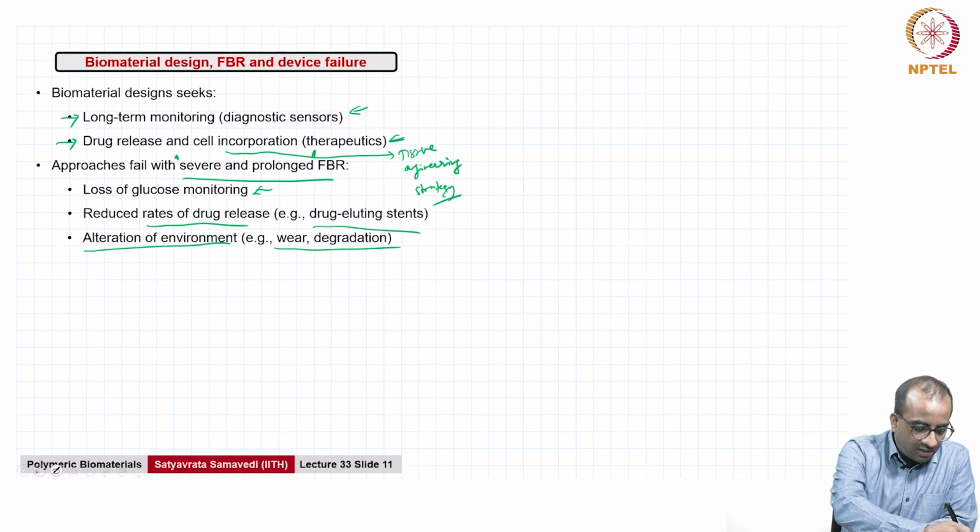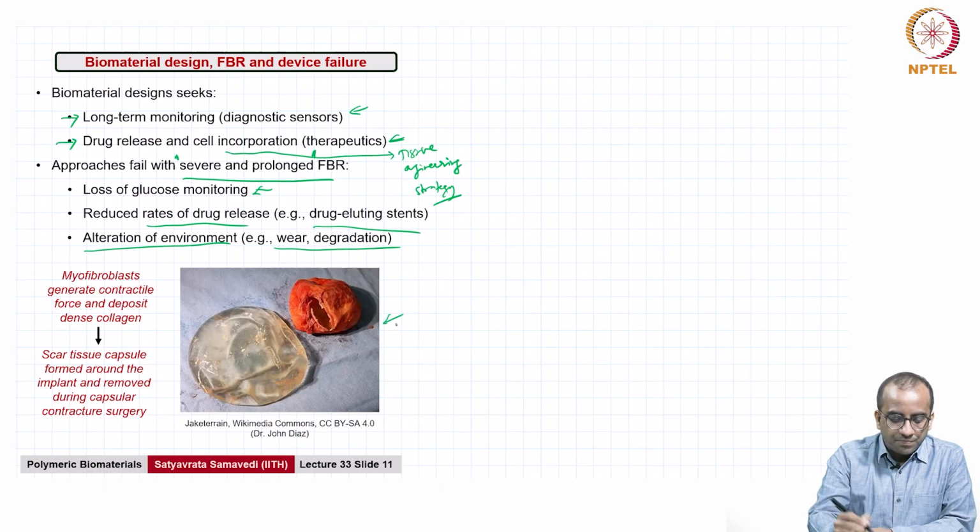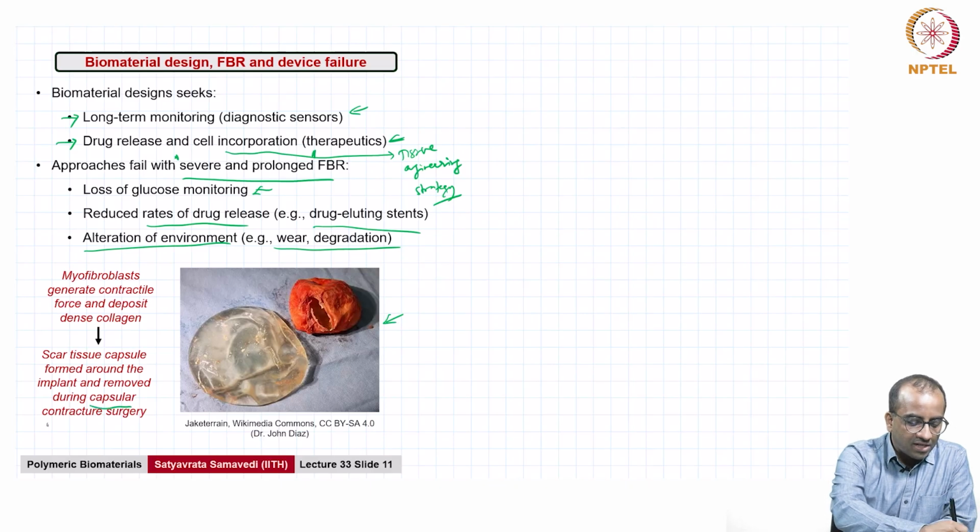And one very typical example that's often cited in the literature is that of these silicone implants used for breast reconstruction, especially if somebody has undergone mastectomy and they want to undergo this kind of a reconstruction. Typically, shown here is a photo of scar tissue capsule formed around the implant and removed during what's called capsular contracture surgery.